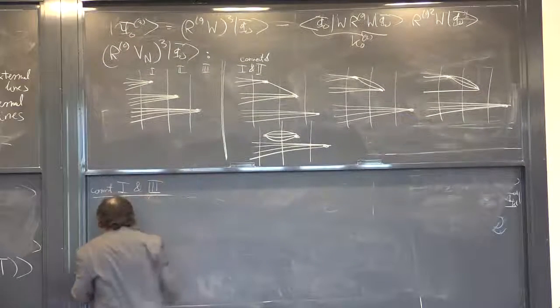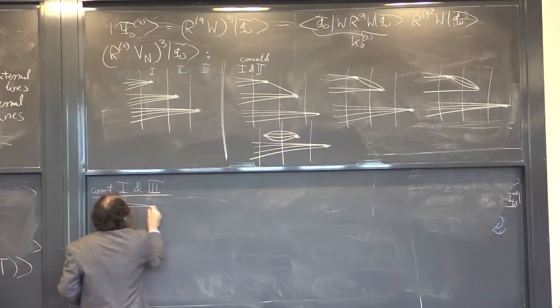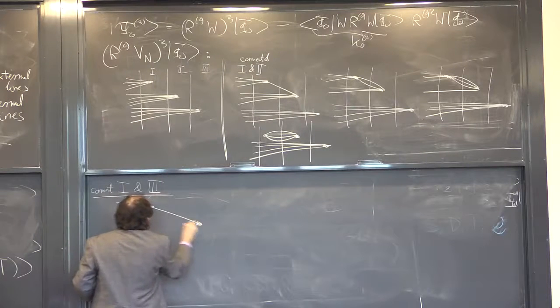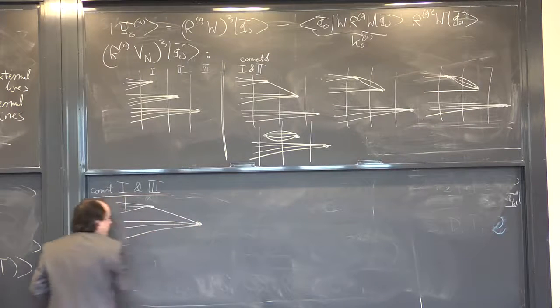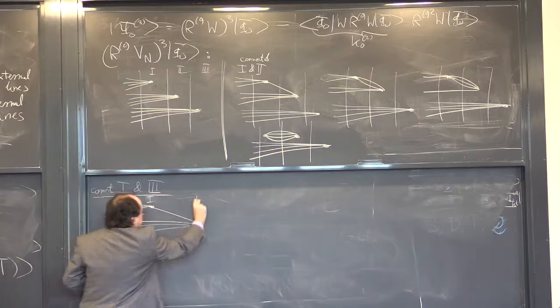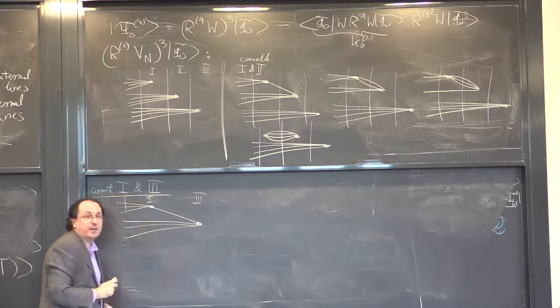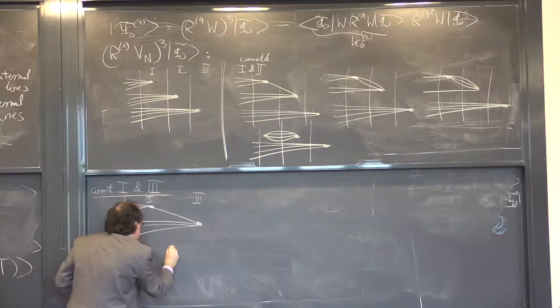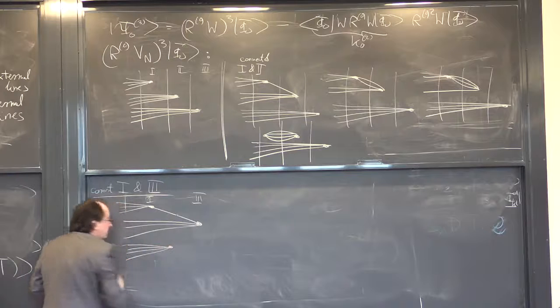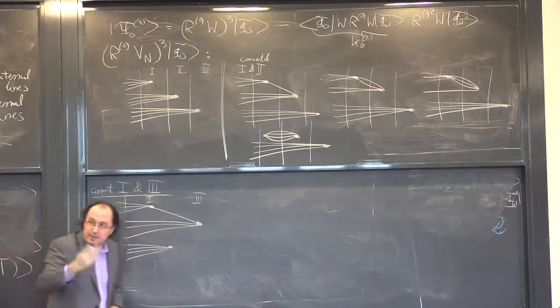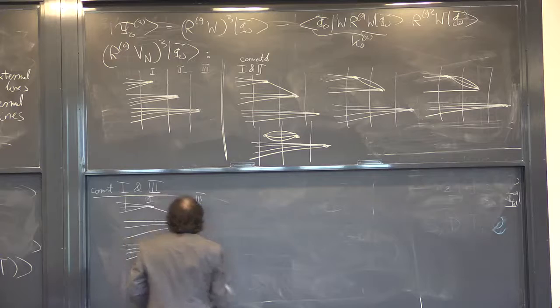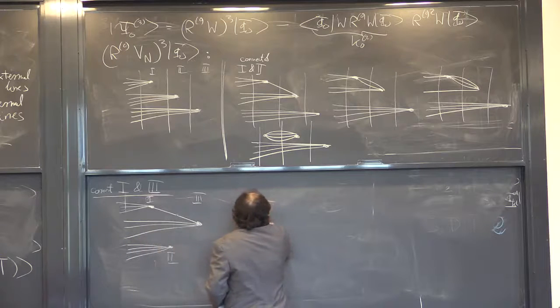So you end up with the following. You can connect 1 and 3 with one line. This is 1, this is 3, where is 2? 2 is between 1 and 3, so it's sitting here. Is this clear to everybody? That's how I set it up. Then we'll have 1 and 3 connected with two lines.